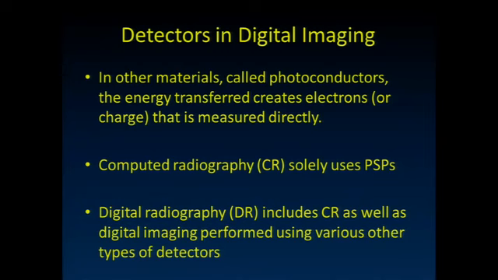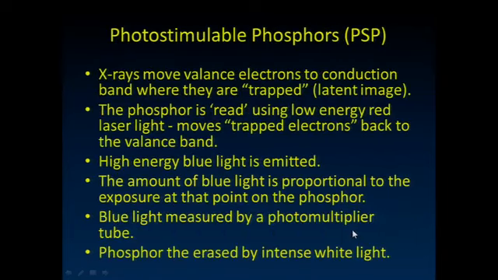Those are called photoconductors, and I'll show you an example of some of those. Computed radiography, when you hear the term, really refers to imaging using photostimulable phosphors. And digital radiography, when used appropriately, includes CR as well as digital imaging performed with various other types of detectors, like photoconductors, and I'll show you that example in a while.